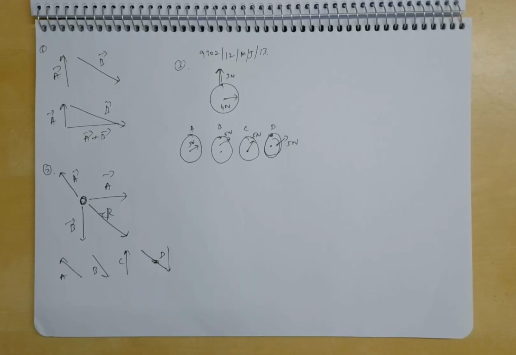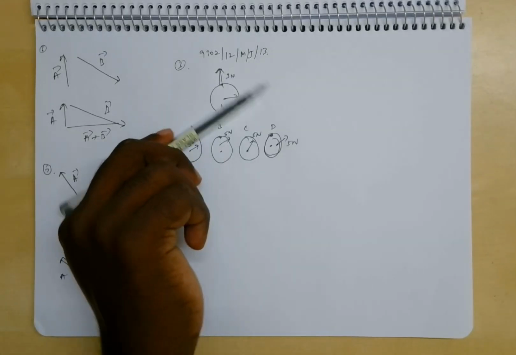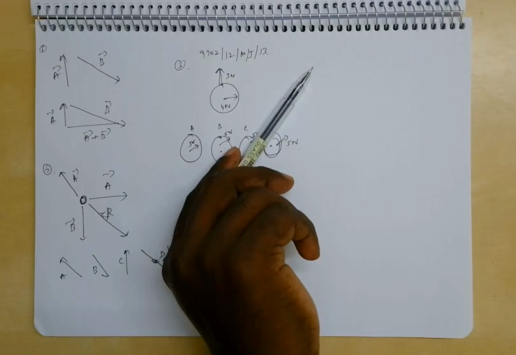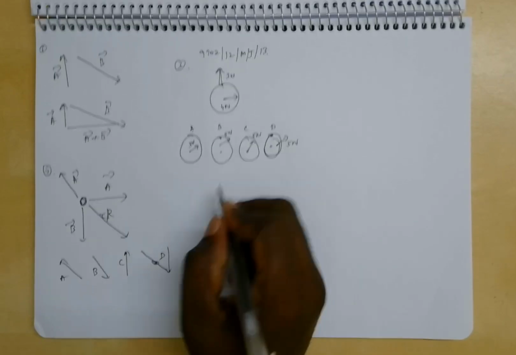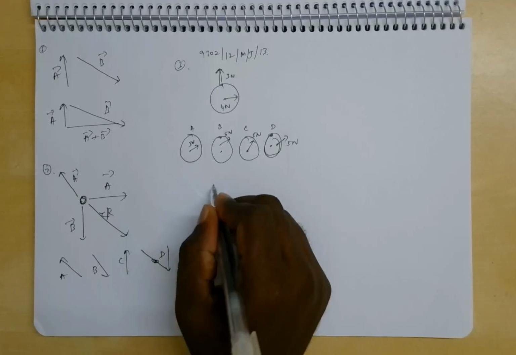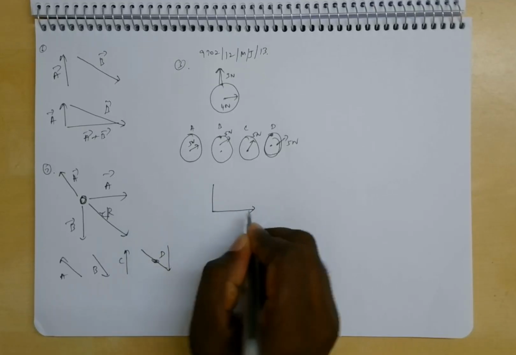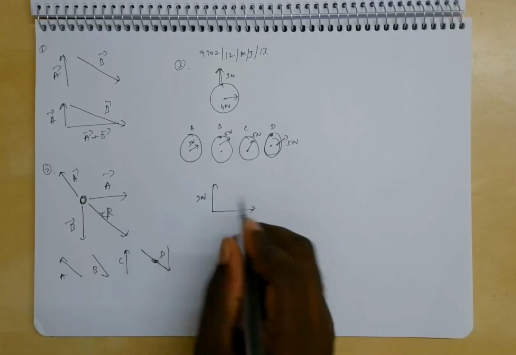So in A, it is slightly toward horizontal. In C, it is exactly 45 degree. Yeah, why? Super.